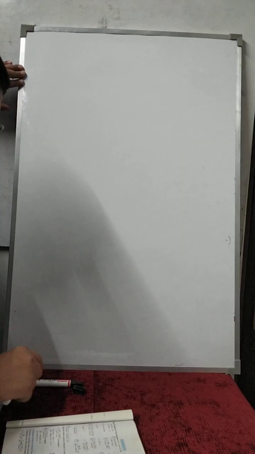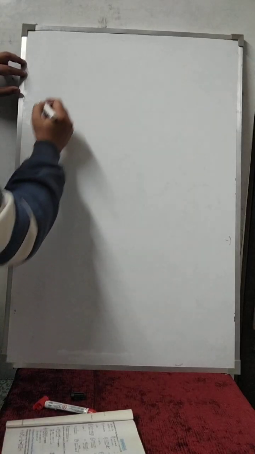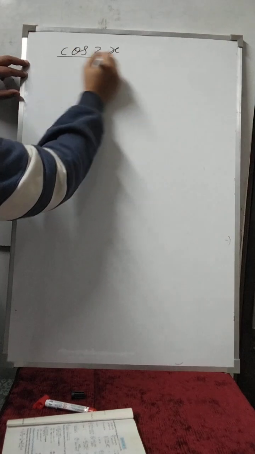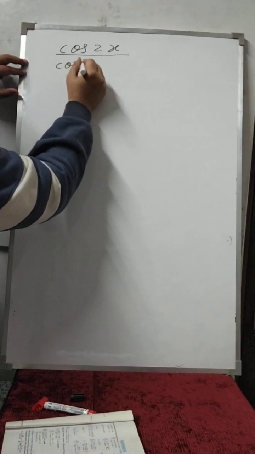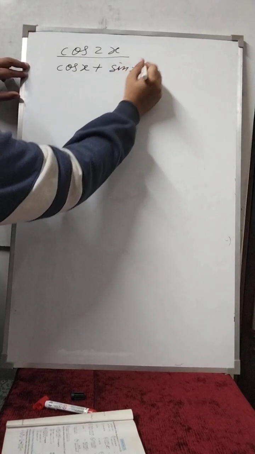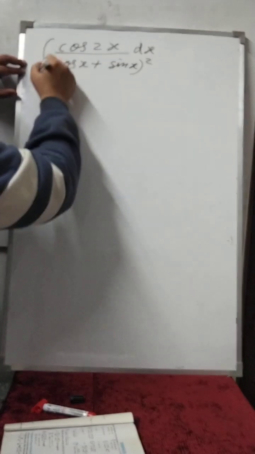Okay, so I can see that my next question is cos 2x divided by cos x plus sin x whole square dx. So we have to find the value of this integral.